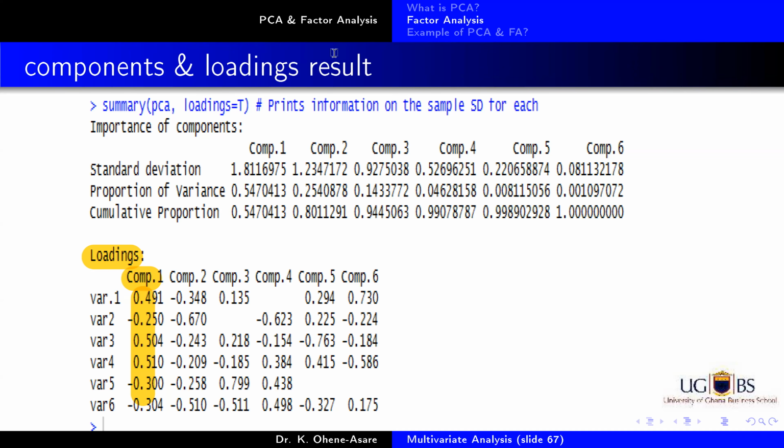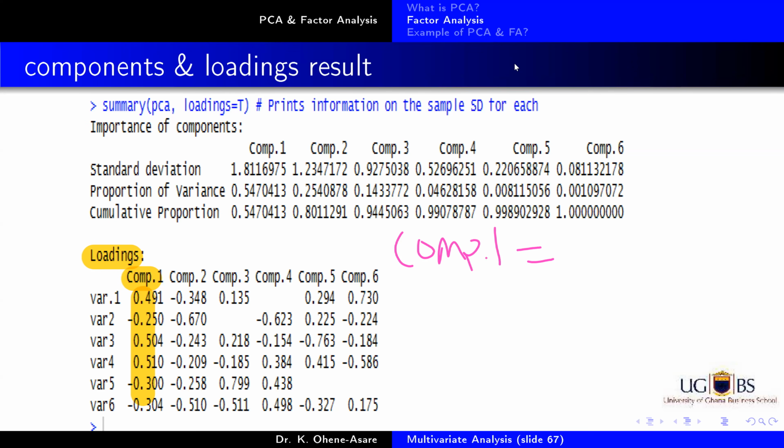Once again, it would be nice to stick to 2 decimal places. That means you have to write the principal component equation for the largest one, which is comp.1. So you write comp.1 equals, because it's a linear combination, and there is no intercept.